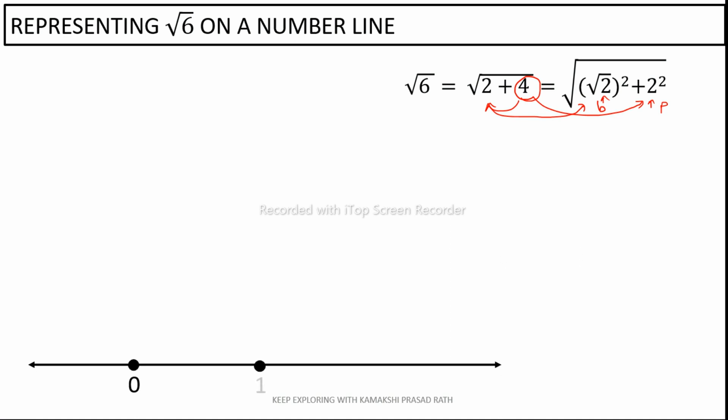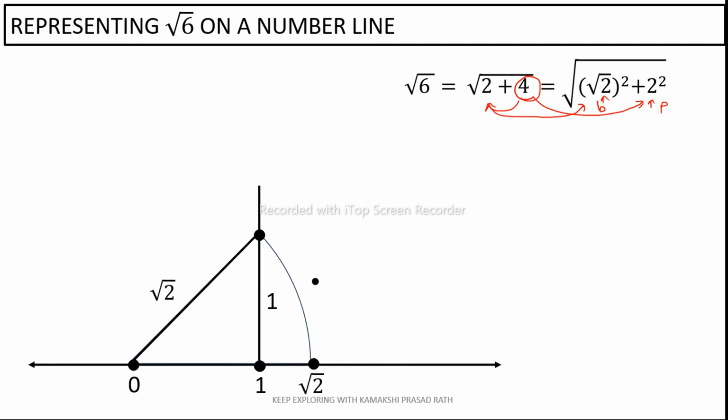So for the base we need root 2. We have already seen how to construct root 2. Now after plotting root 2 on the number line, we see that the perpendicular is 2 units. So first we will draw a perpendicular line on root 2, measure 1 unit and take 2 units on the perpendicular line. You can see here we have taken 2 units on the perpendicular line. So this is root 2 on the number line, the base is root 2 and the perpendicular is 2.